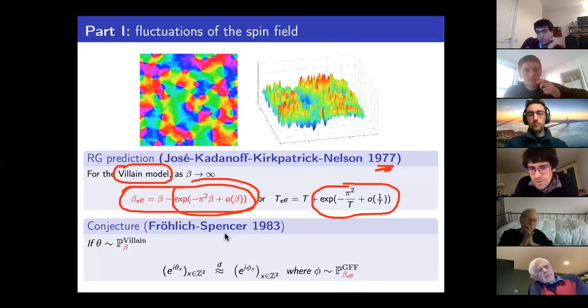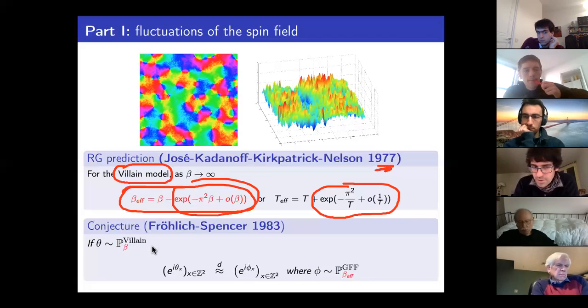And later on, Fröhlich and Spencer made a conjecture which is closer to the type of object that we are now using a lot in probability theory, in Gaussian multiplicative chaos, for example.